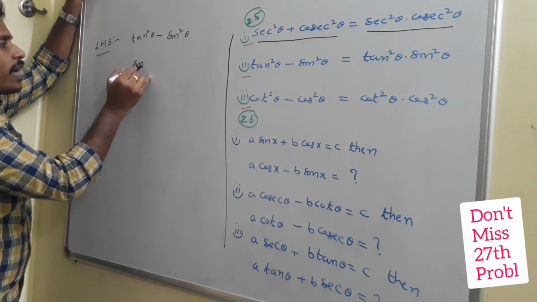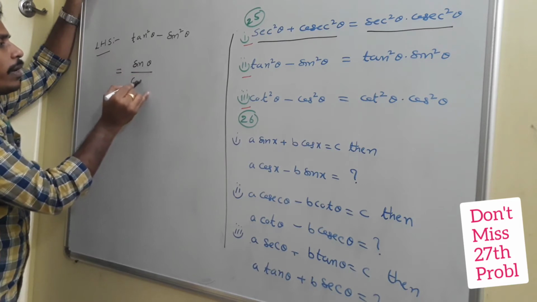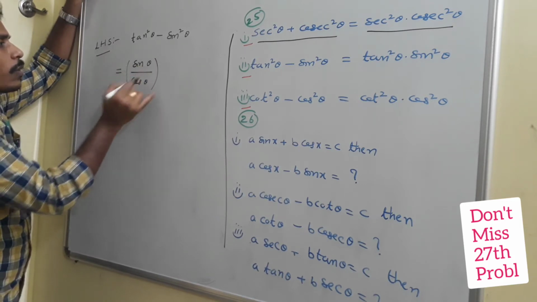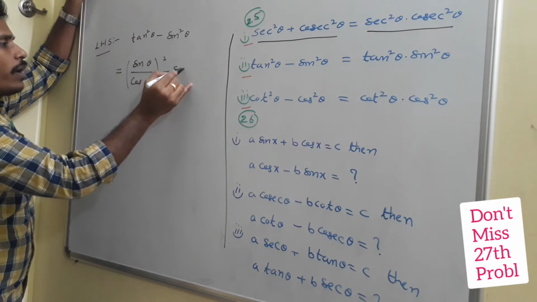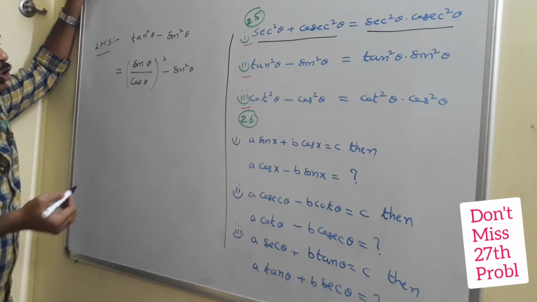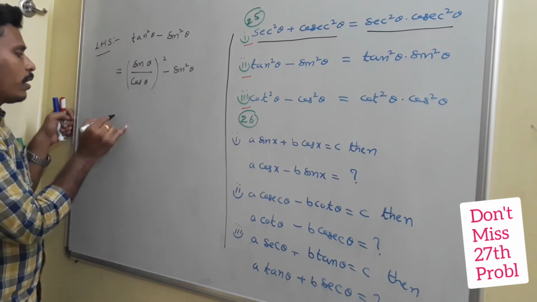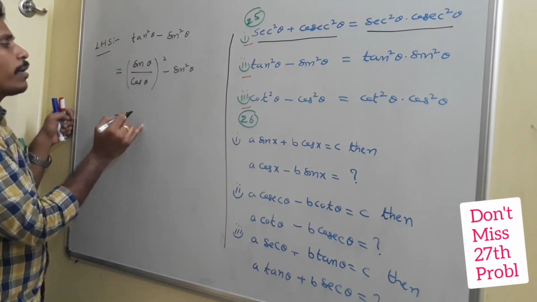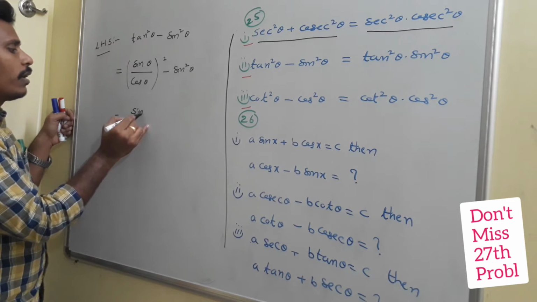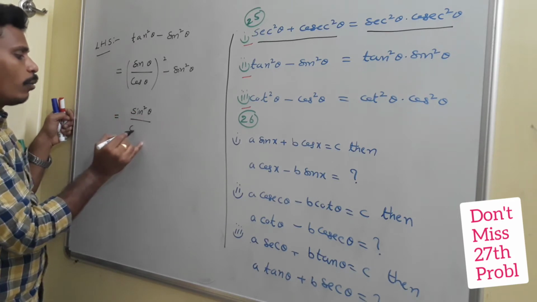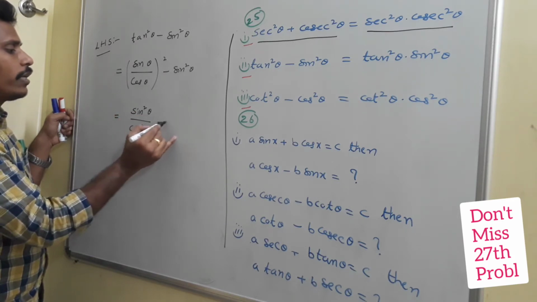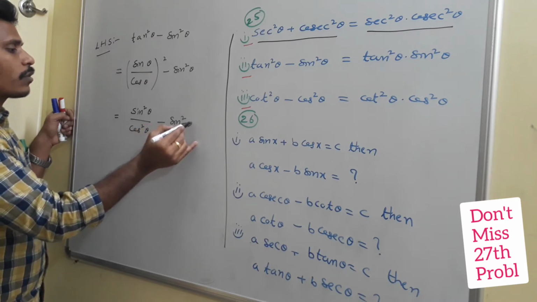I will write this tan theta as (sin theta by cos theta) whole square minus sin square theta. Is it right? Absolutely. We know that tan theta is sin theta by cos theta. That's why I used that one, and that is equal to (sin theta by cos theta) square, which is nothing but sin square theta divided by cos square theta minus sin square theta.